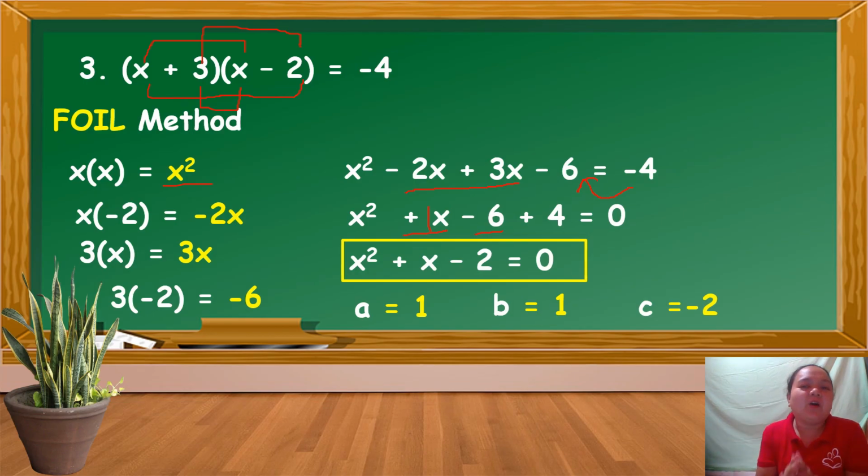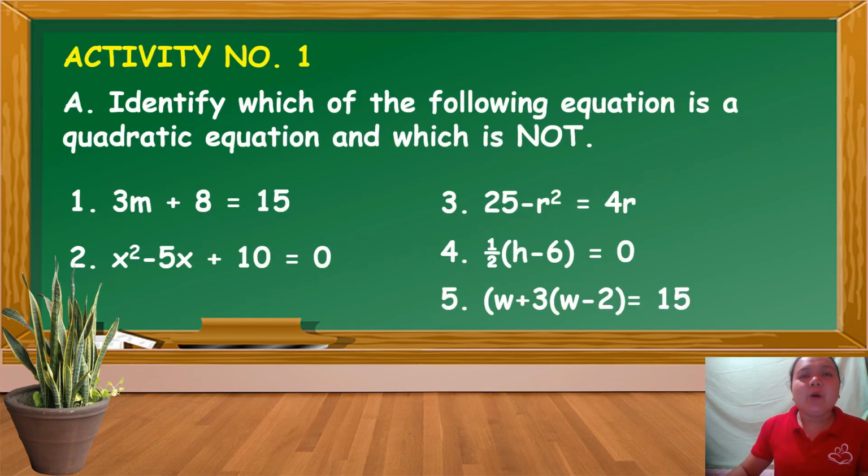Now, we already know what is quadratic equation, the standard form of quadratic equation, the terms of the quadratic equation, and the real numbers of a quadratic equation, or the a, b, and c of the quadratic equation. Now, this time, you are going to answer the activity number 1 on a coupon band.